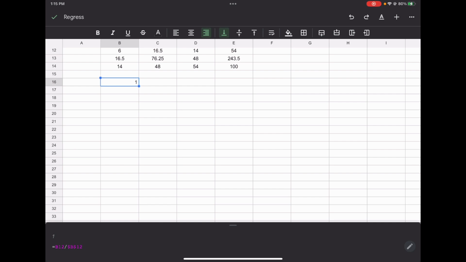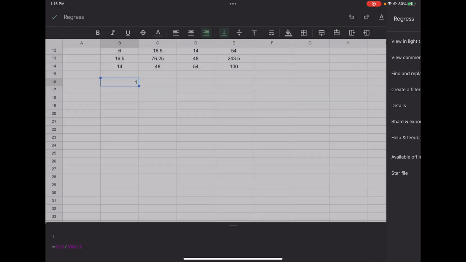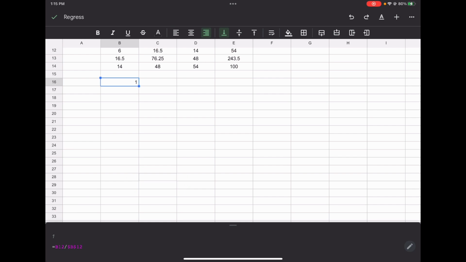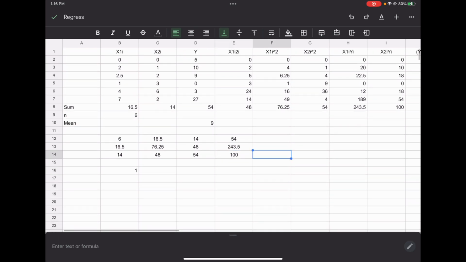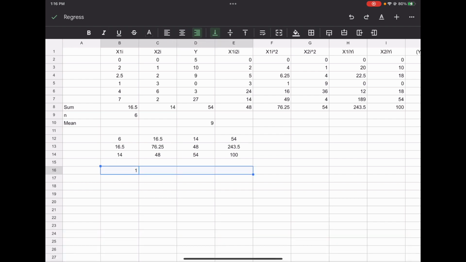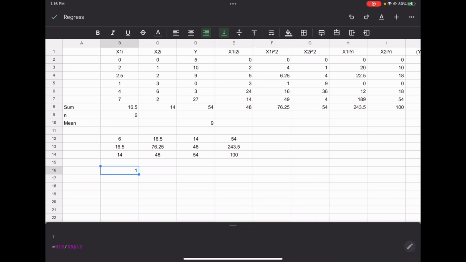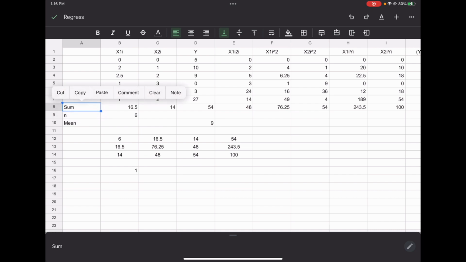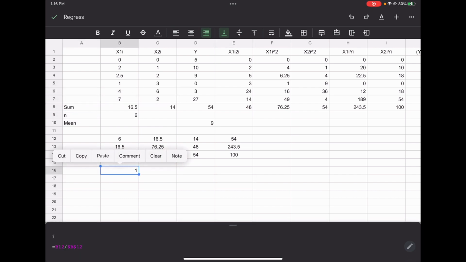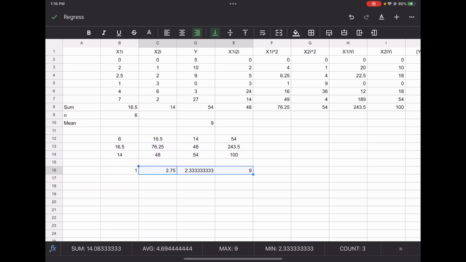So where's the copy button? Okay, there it is.